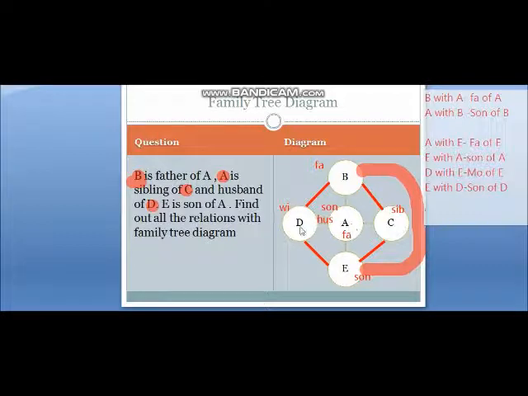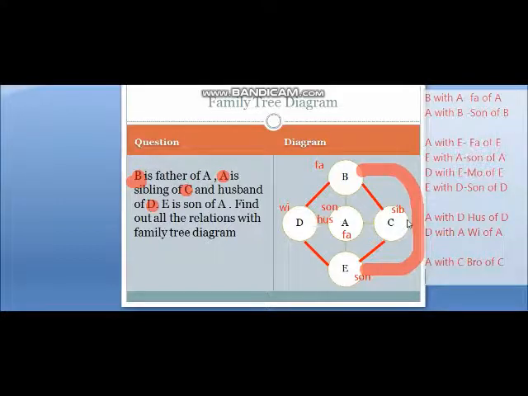Now we are going to consider A and D. So what you are going to write? A with D. Husband of D. And D with A. So wife of A. Okay. Then A and C. A with C. So brother of C. Okay.